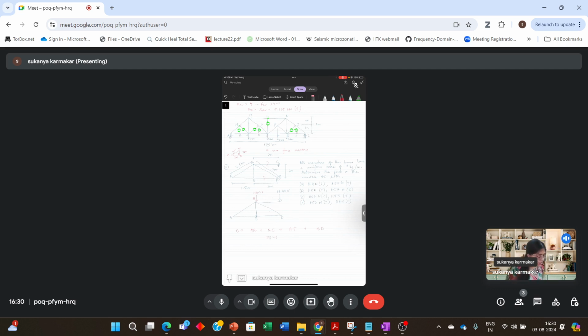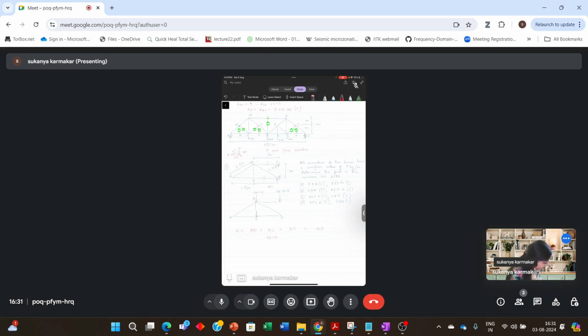Now, take the contribution from the member BD. BD length is 2 meter. This height is 2 meter, this height is 2 meter, so 4 plus 4 to the power 5, which is 2.828 meters.